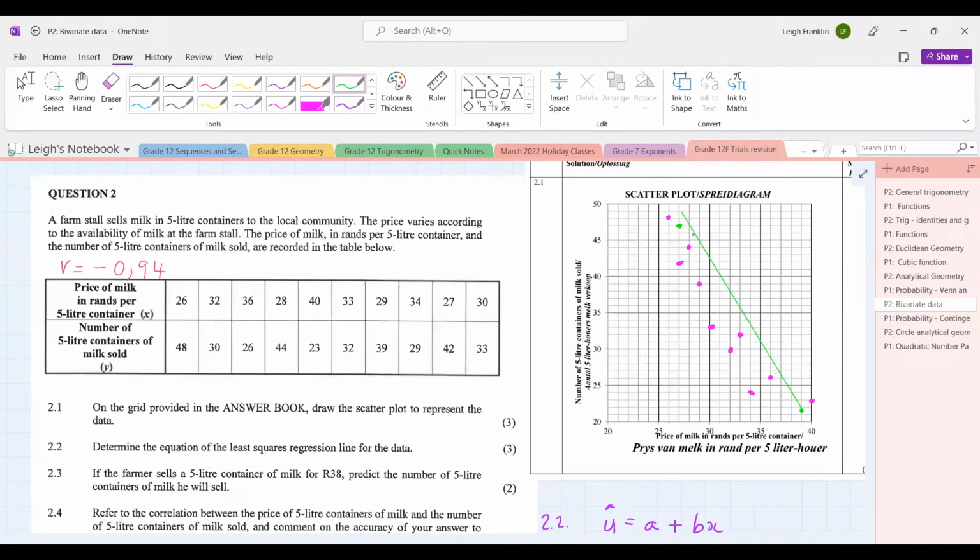Now obviously my line is just a little bit out. Hang on, I just want to try and move it. Why is it doing that? Hang on a second, let me just unplug my mouse and plug it back in again. Sometimes that helps.